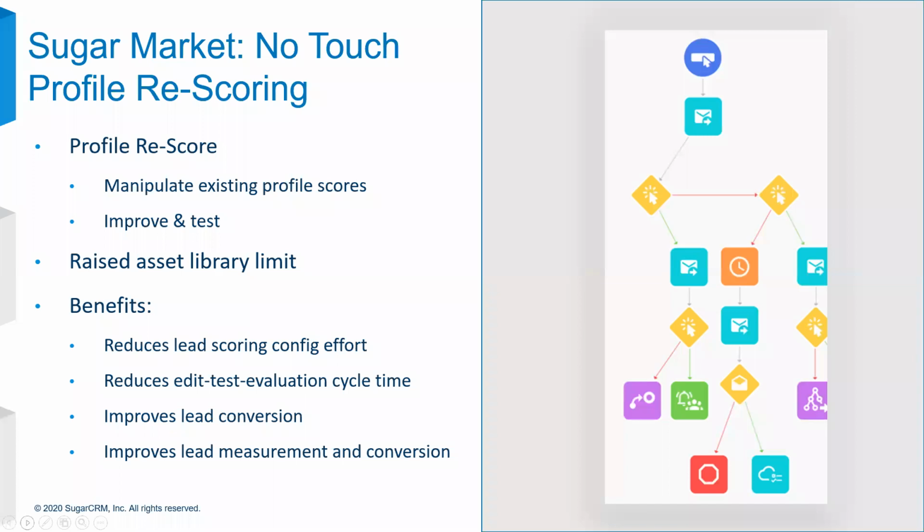In Sugar Market, one of the things that you do whenever you're creating a lead scoring profile, which is sort of the formula you're going to use for scoring leads relative to a particular campaign, is you have to zero in on the best scoring mechanism.